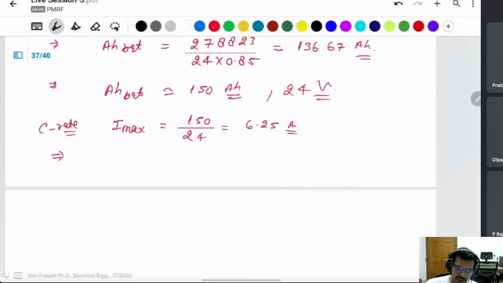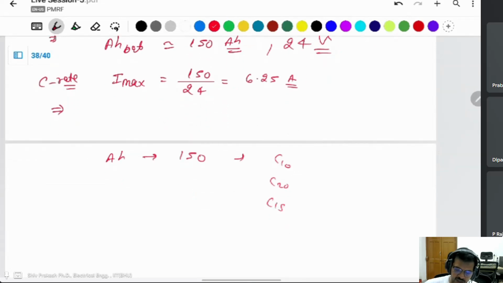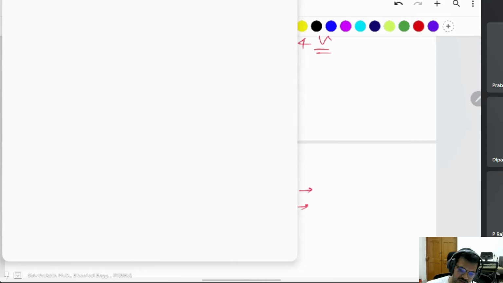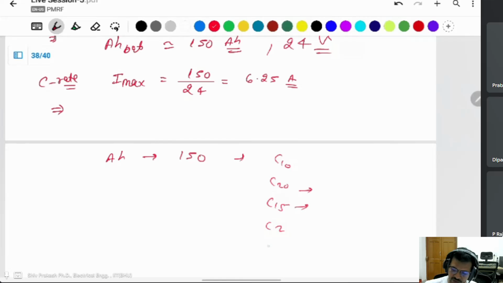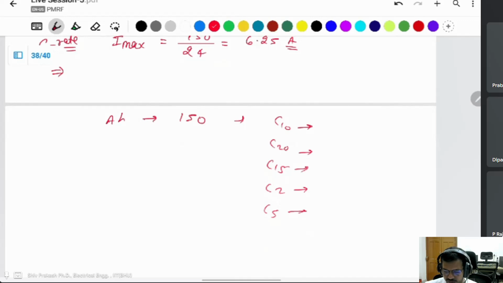Now, which C rate is there, where Ah is 150? You can say C10, C20, C15 and C2, like that. This type of C rating is available in the market. C5 also, C1 also is there.